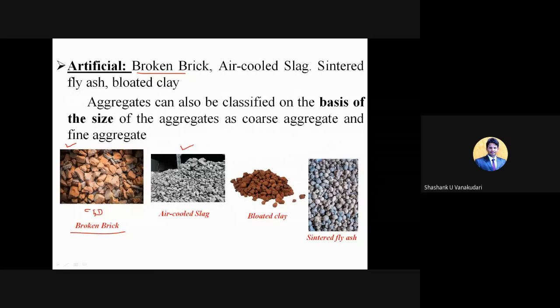Basically this is extracted after industrial processes, like a byproduct from different industries. And then bloated clay, where they make it into the required shape so that in some cases it can be used as part of coarse aggregate. And then the sintered fly ash, whatever fly ash is generated from thermal power plants, they make it as per the required size as coarse aggregate, and then they can use it as artificial aggregate.